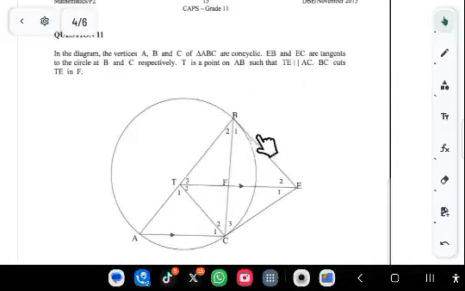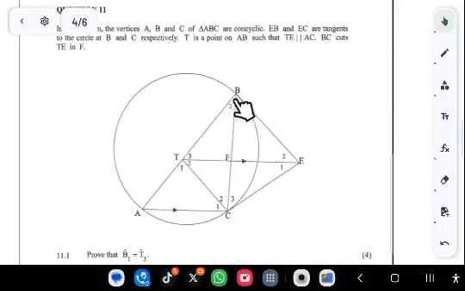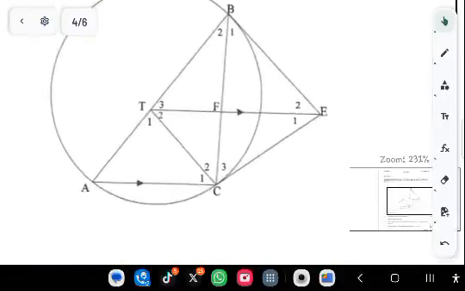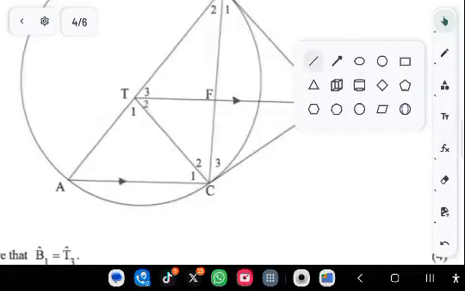EB and EC are tangents to the circle at B and C respectively. T is a point on AB such that TE is parallel to AC.